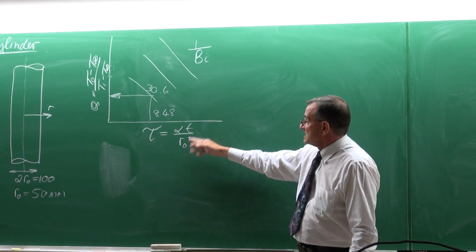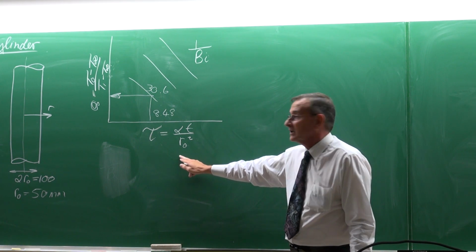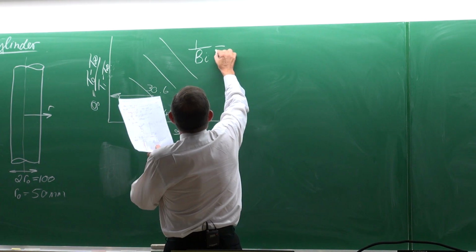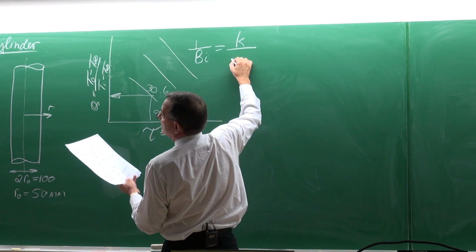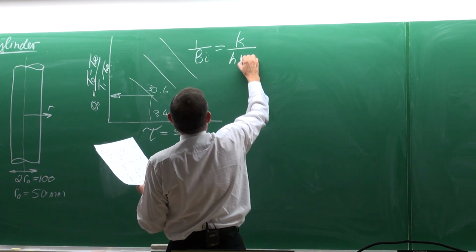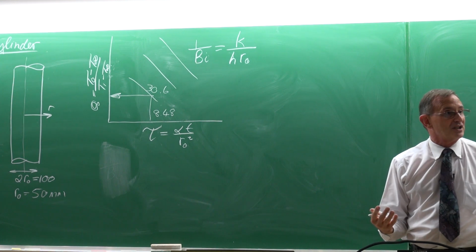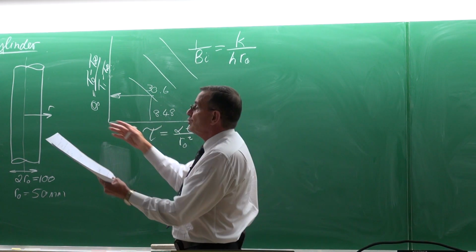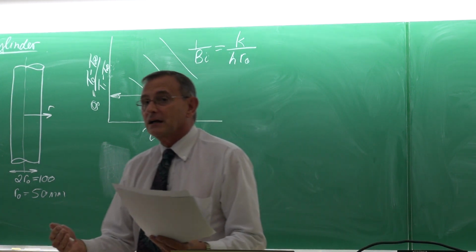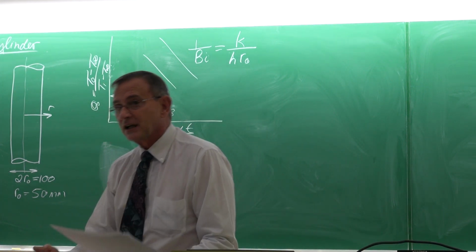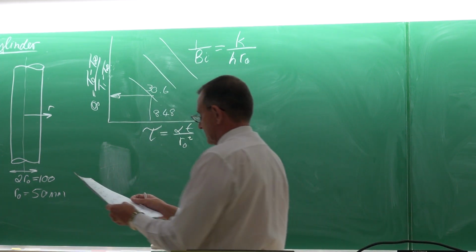Although alpha t is the same, we now have to use the radius. And the same with the Biot number. The Biot number is equal to k divided by h and not L, but R0. So they are different. The non-dimensionalized time for the two solutions, although we're talking of the same 900 seconds, would be different.